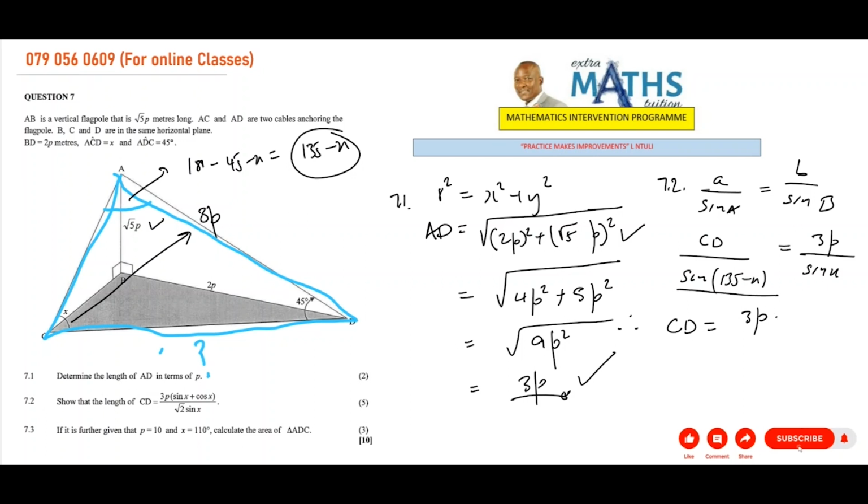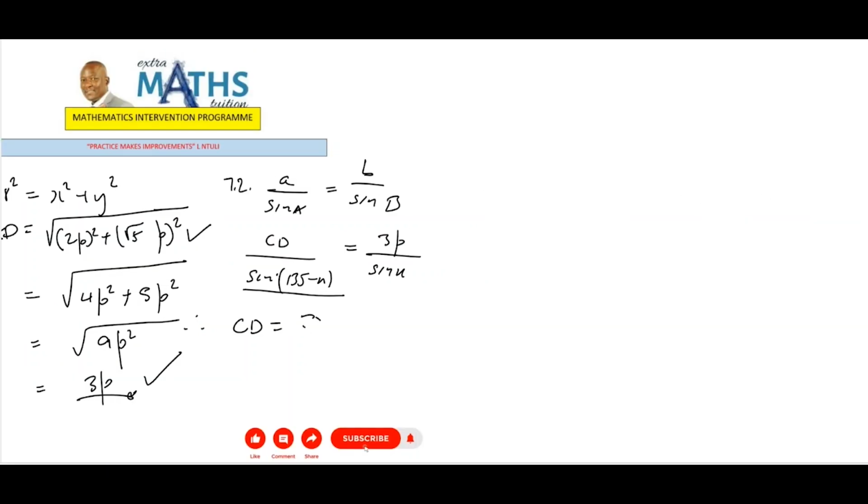This is your compound angle of sine, which would say sine 135 cos x minus cos 135 sine x, all over, don't forget to bracket, all over sine x.